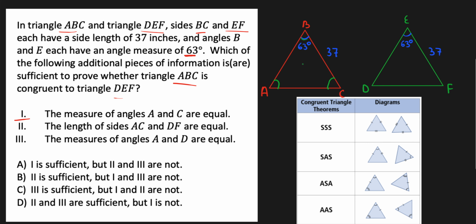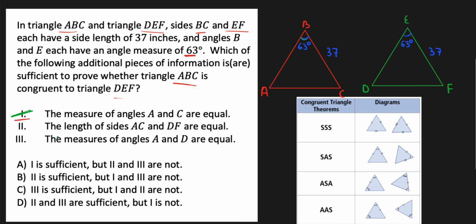So, okay, I'm given that they are equal, but how would I know whether D and F are also equal? There's no way for me to prove that. That's why the first option goes away. So let's get rid of this.